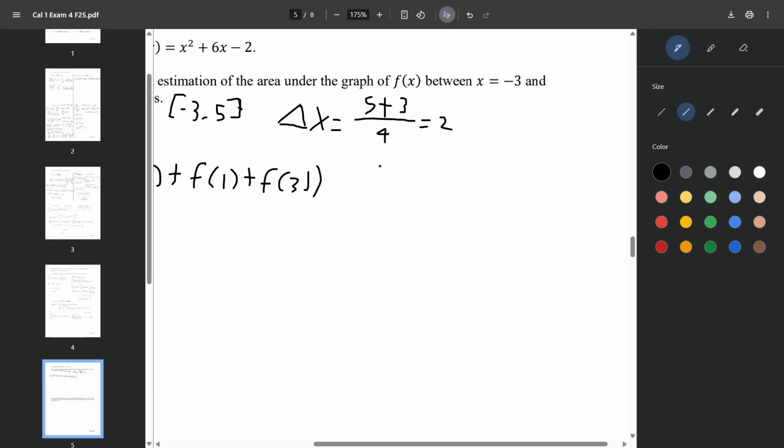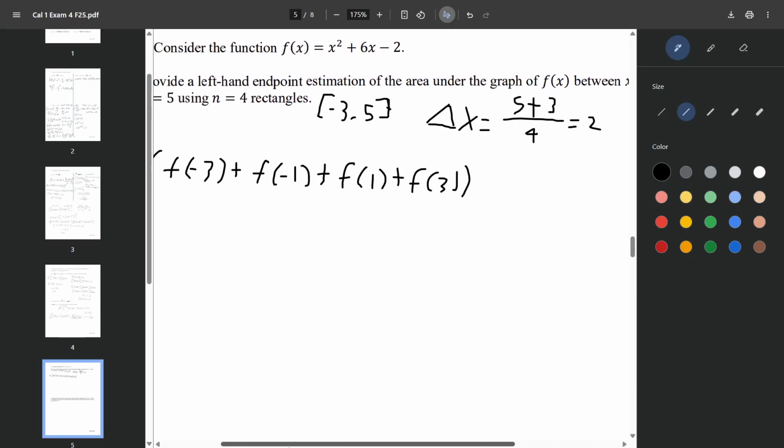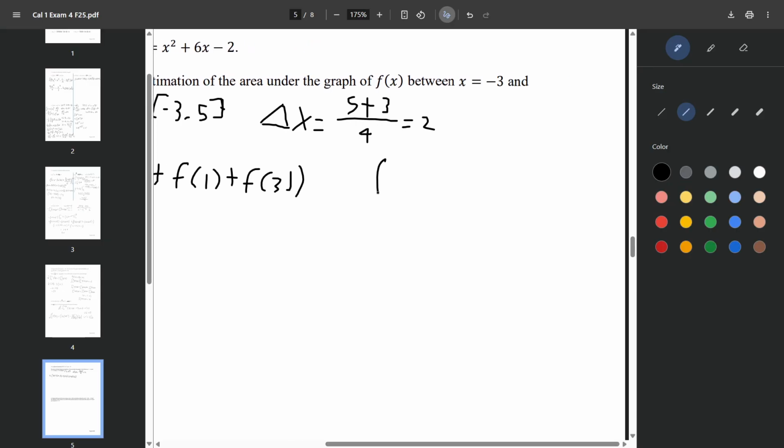So first off, let's start from left to right. f of -3 equals -3 squared plus 6 times -3 minus 2. And that together will equal -11. And we'll do that again with f of -1.